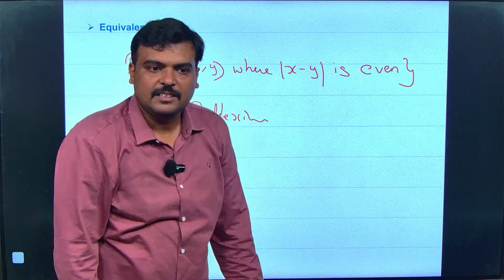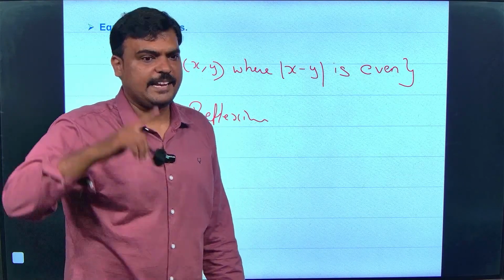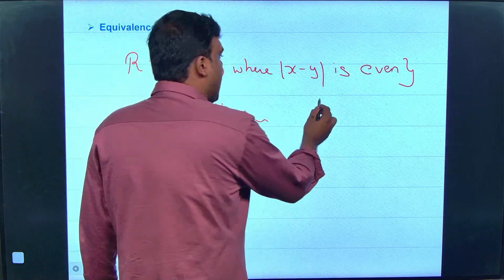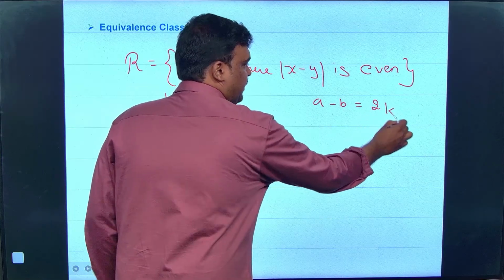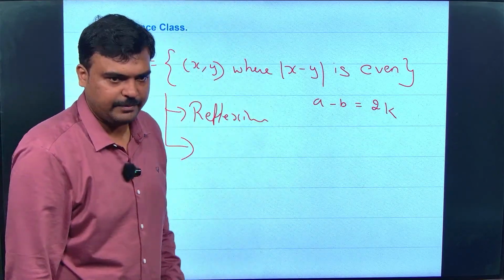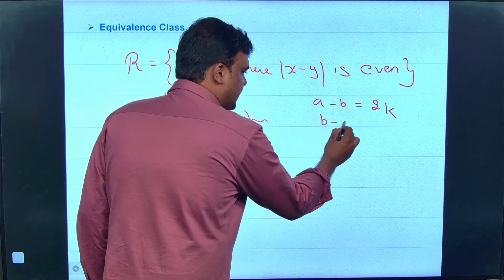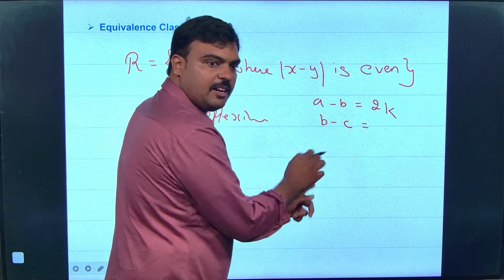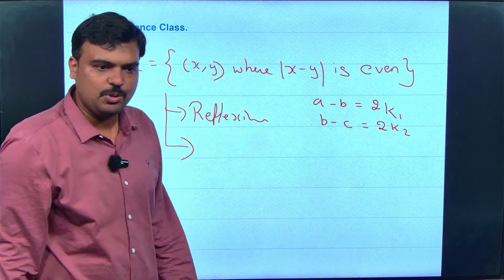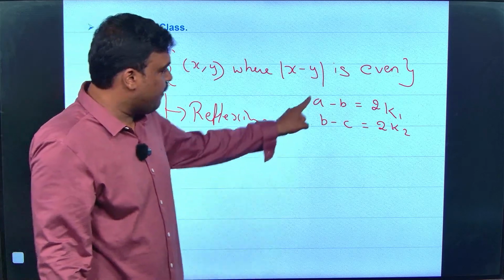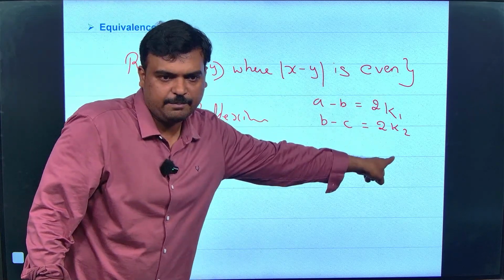Sir, transitive? Yes. Sir, we understand why, because if I have a minus b, let me take this as 2k1, where k is some constant, I am going to get some even number. So definitely I am going to have another one, b comma c, that also remains 2k2. They both will be there in the relation because they give a subtraction of an even number.